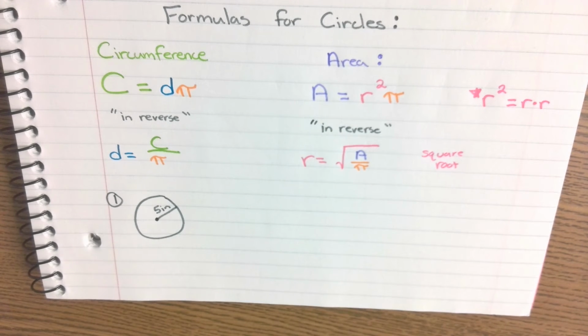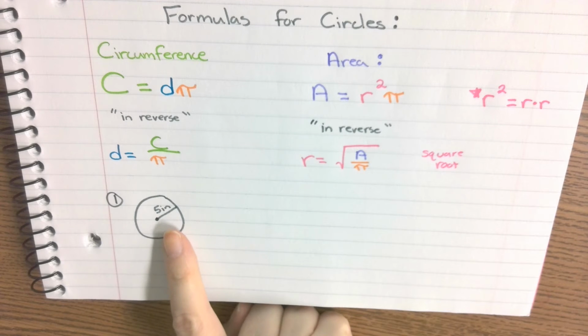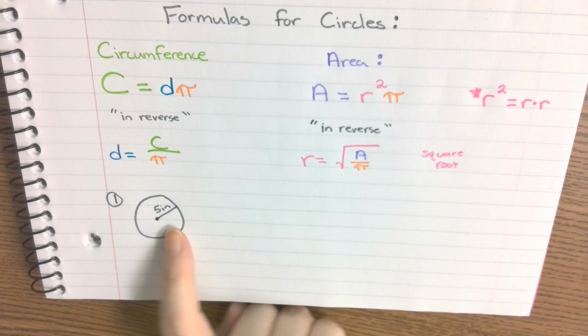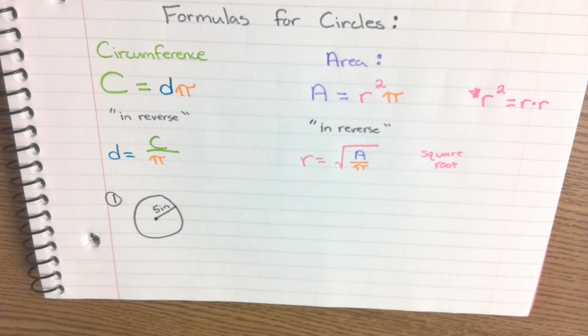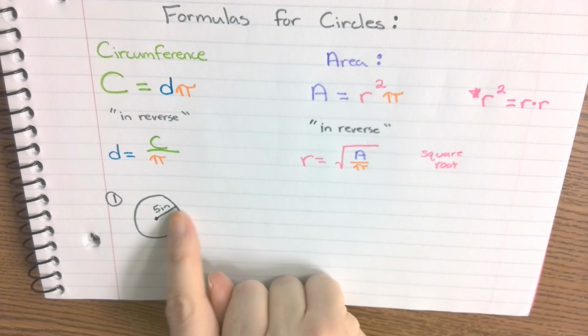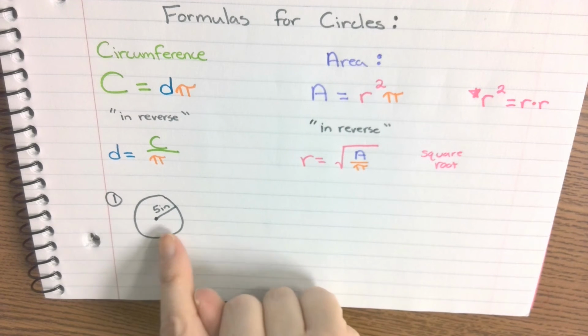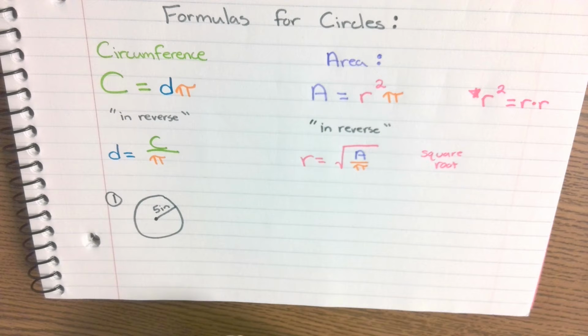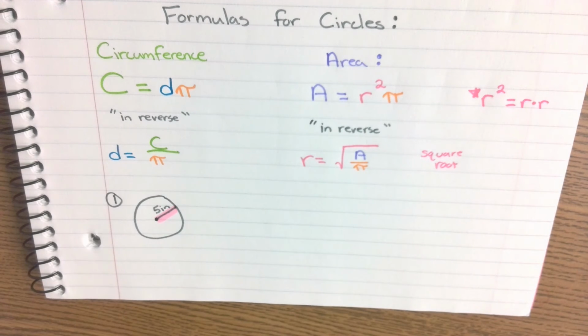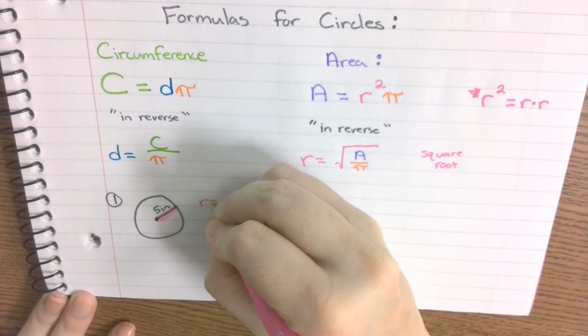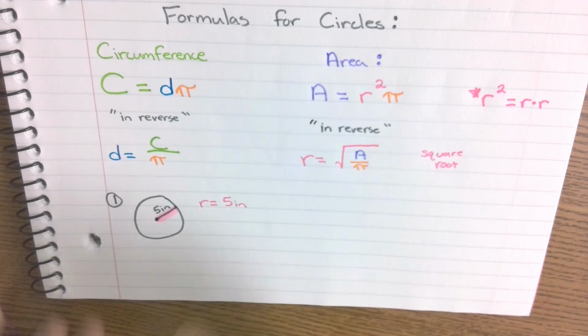Now, in a situation like this, the first thing that you want to do is identify what you know and then what you can learn from the information that you know. So right now, what information do we know about this circle? Alonzo? The radius is 5 inches. We know that the radius is 5 inches. Very good. So we know that this measurement that's given to us is the radius, equal to 5 inches.